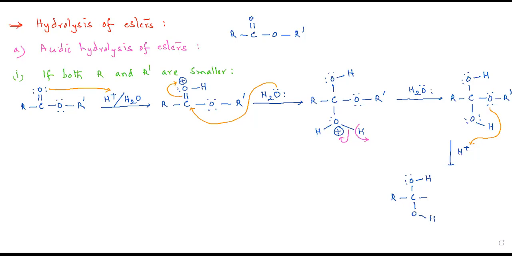Now, this again is OH. Here you get O, R dash, and H, a positive charge. This is the most important step.